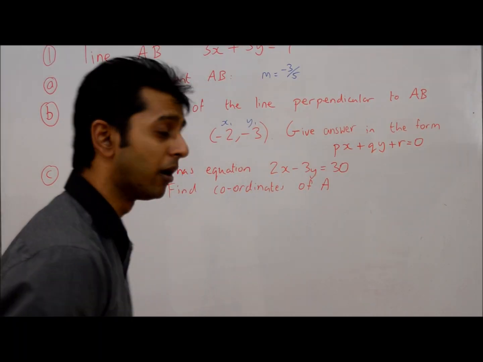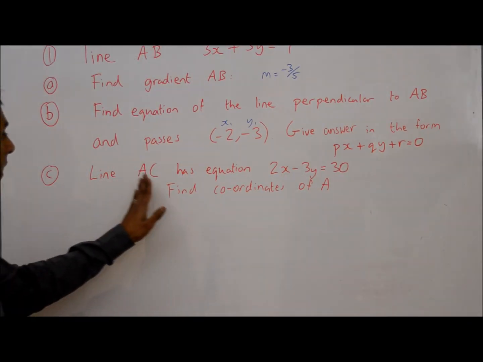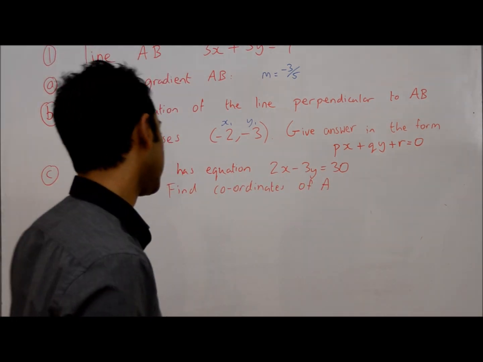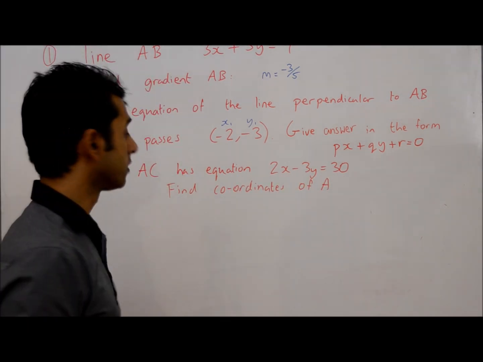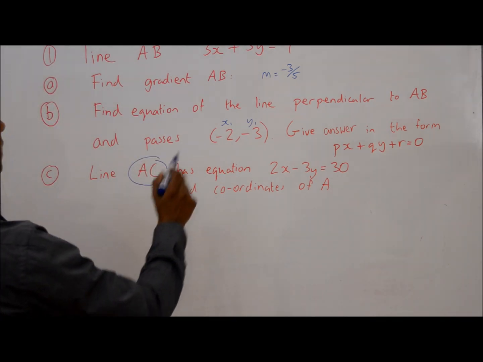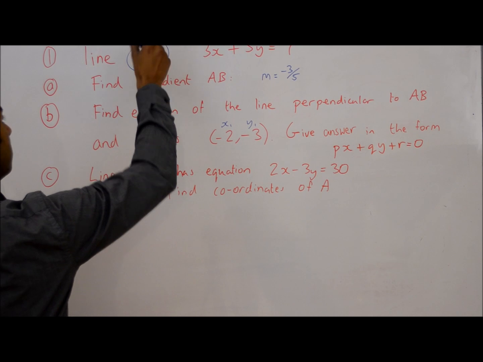So let's have a look at part C. Now part C says line AC has the equation 2x minus 3y equals 30. And we need to find the coordinates of point A. Now here we're talking about line AC, and earlier we were talking about line AB.